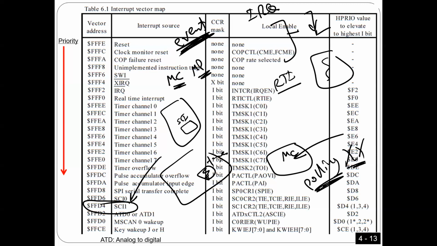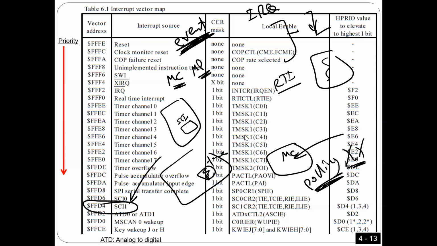So now you should understand, number one, what you mean by serial. When you transmit the data serially, what does this mean? Just one pin. Using this pin, I'm going to send the data bit by bit. And number two, you should understand why we need interrupts here.